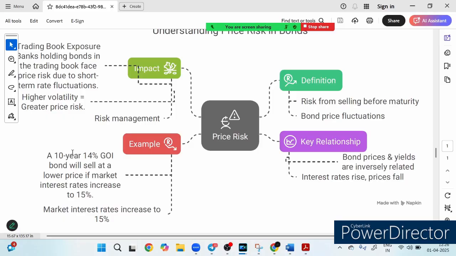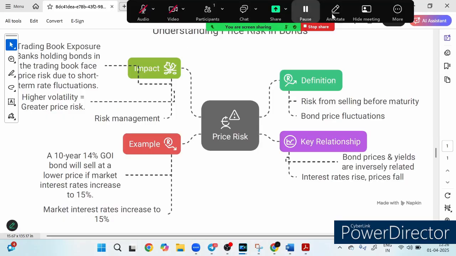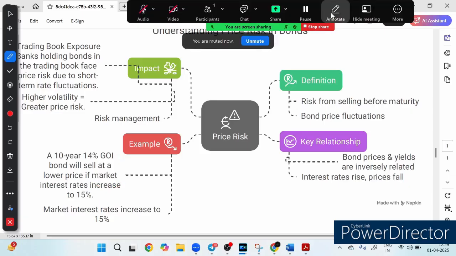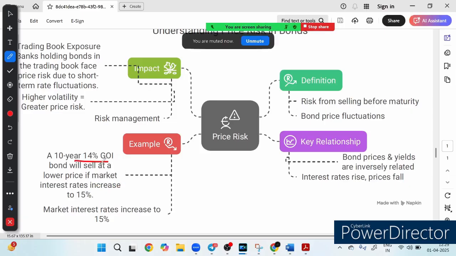Earlier it is just 14%, and if the market interest rate increases to 15%, the bond will sell at a lower price, because the newer bond offers higher return. So obviously this newer bond offering 15% return is the new choice of the bondholder, making the old one less attractive, and this is price risk in action.